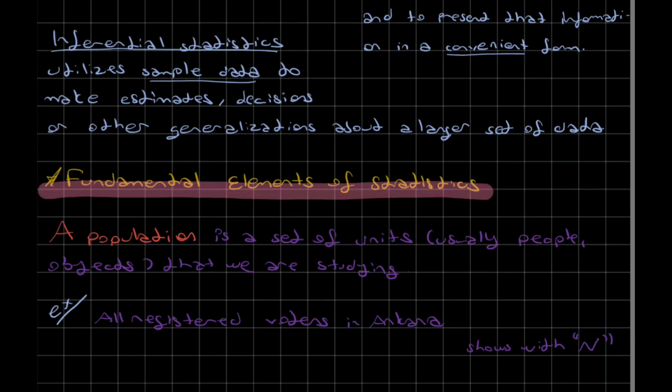Firstly, a population is a set of units, usually people or objects, that we are studying. For example, all registered voters in Ankara, shown with the big N.